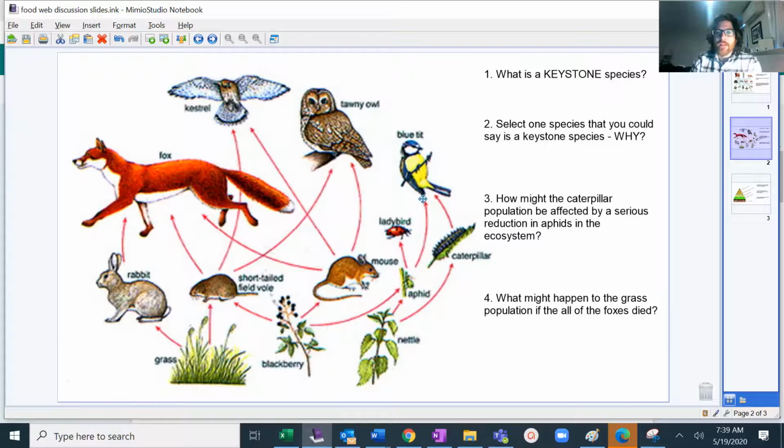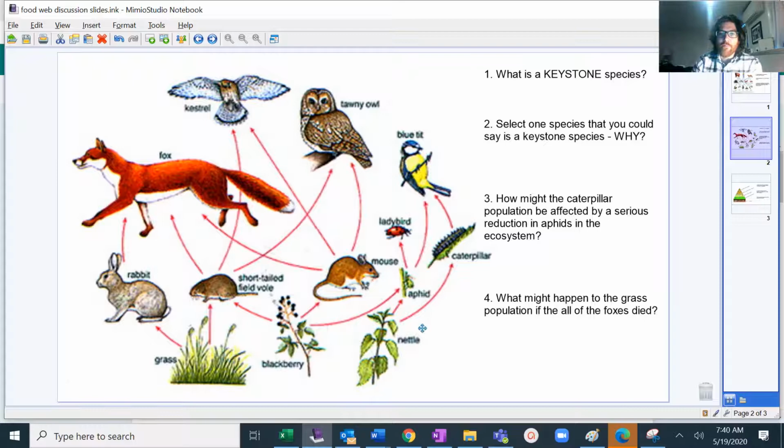Number 3, how might the caterpillar population be affected by a serious reduction in the aphids in the ecosystem? This is a very interesting question because there's 2 things going on here. The caterpillar population is competing with the aphids for this resource, this nettle plant.